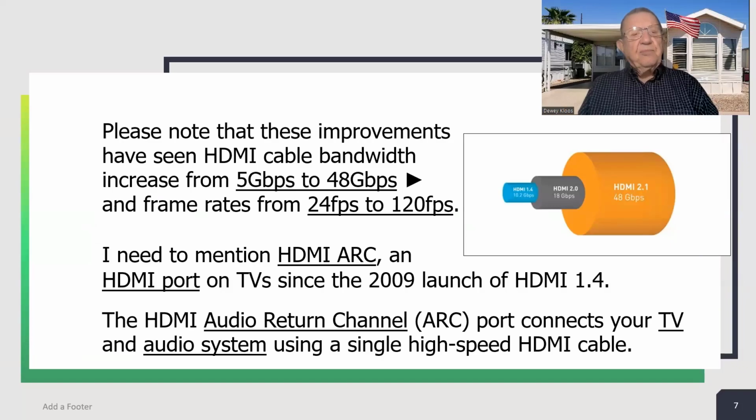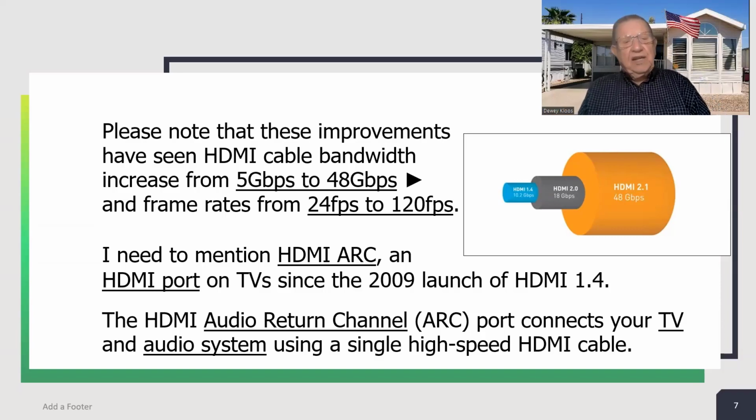Please note that these improvements that we've talked about have seen HDMI cable bandwidth increase from a starting 5 gigabits per second out to 48 gigabits per second. Note the graphic displaying the changes. And also it increased frame rates from 24 frames per second to 120 frames per second. It's amazing progress.